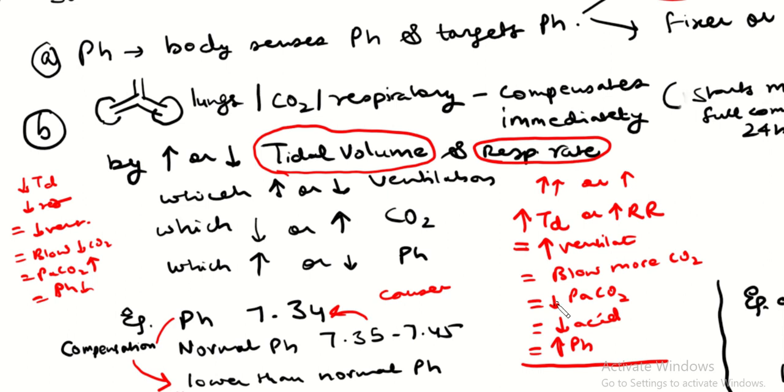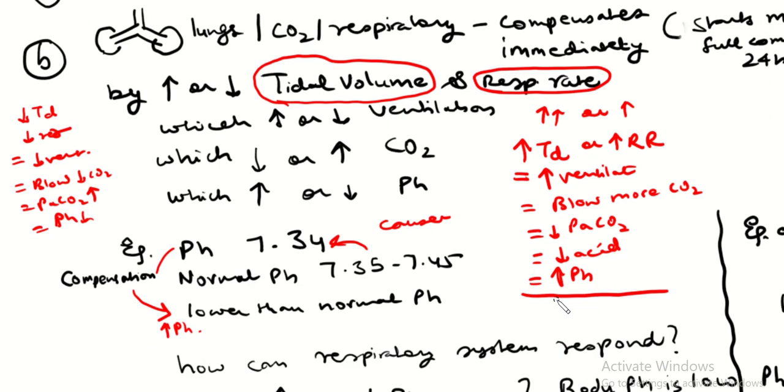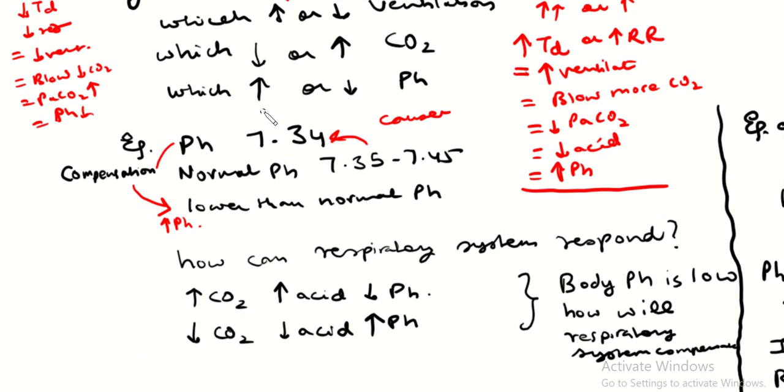And we now know how. So we look at a pH of 7.34, which is less than normal pH. If my respiratory system was to respond to this and compensate, how would it compensate? Let's think through this. pH is low.